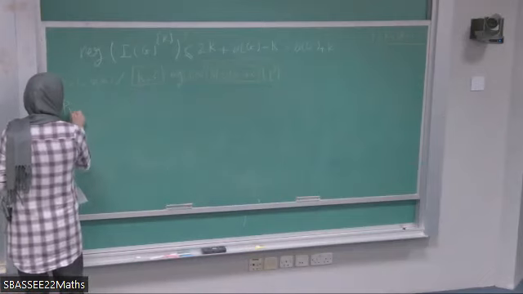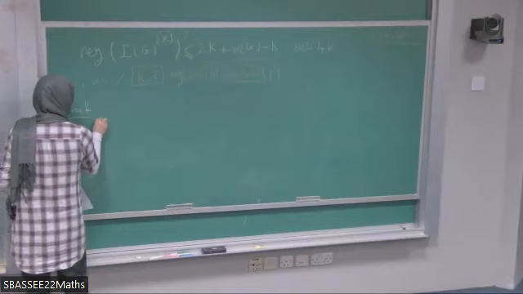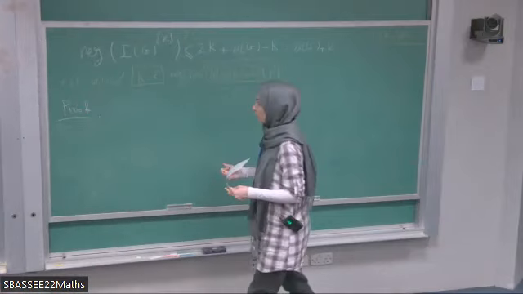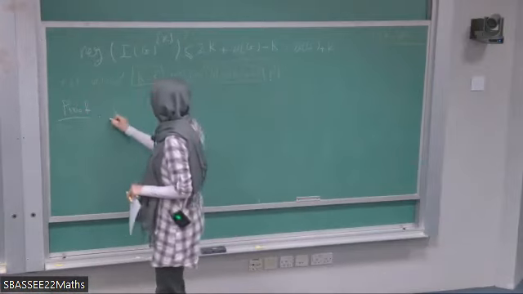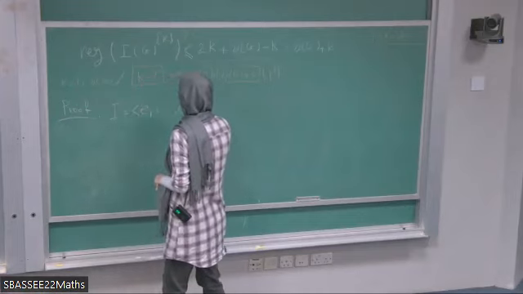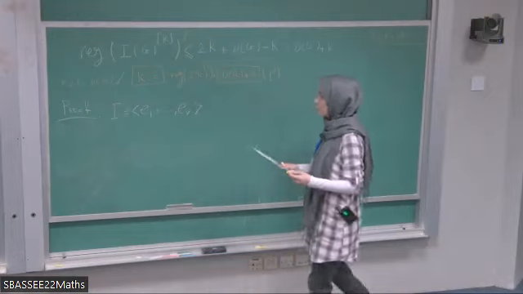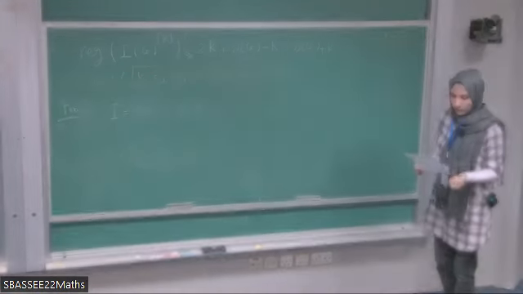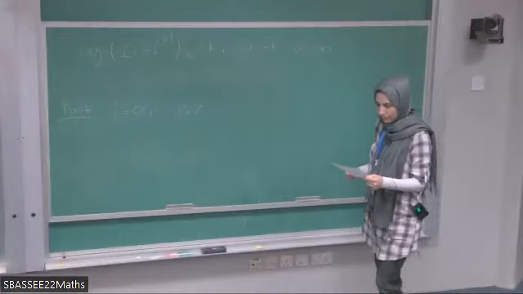Now we can try to use our lemmata to prove this. As usual, we take our ideal to be generated by some edges, E1 to ER, the monomials corresponding to them.